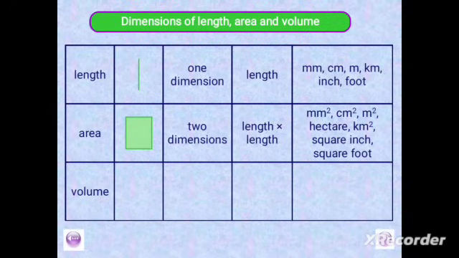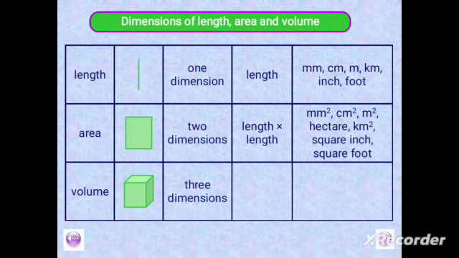Number 3 is on volume, and volume can be represented by using a cube or a cuboid. That means it is 3-dimension because to find volume we will have it as length times length times length.